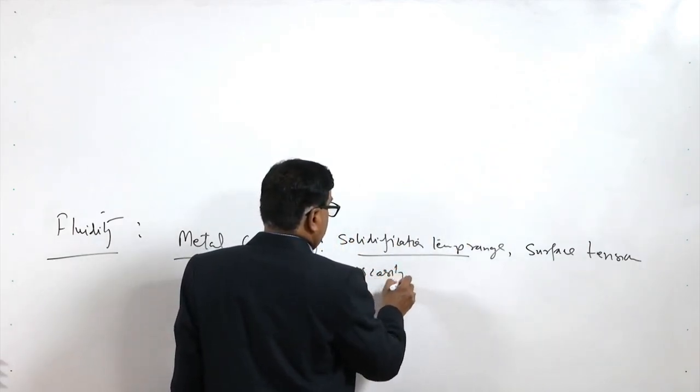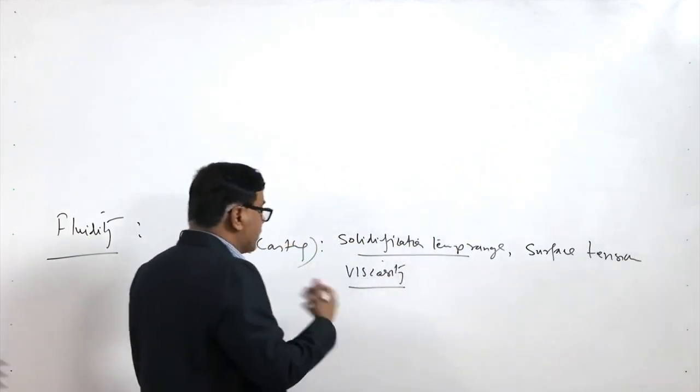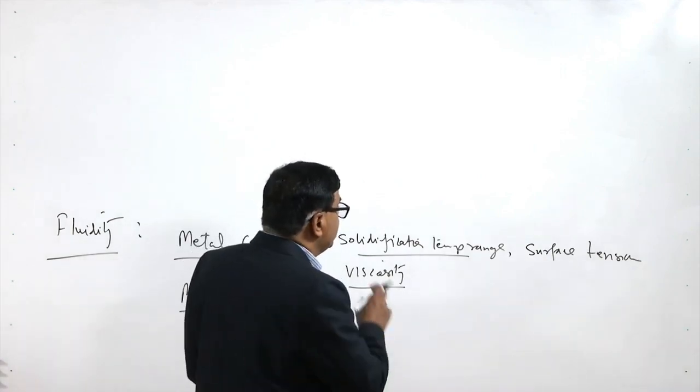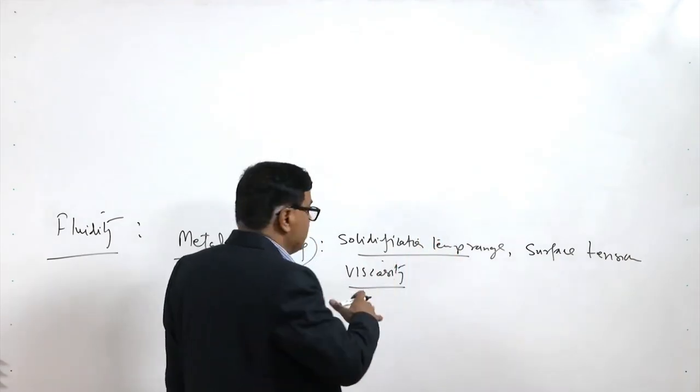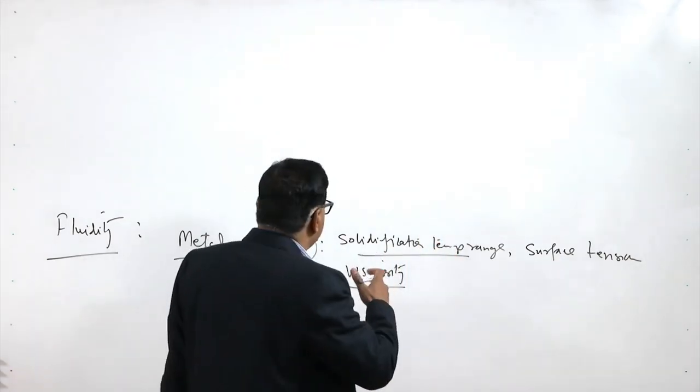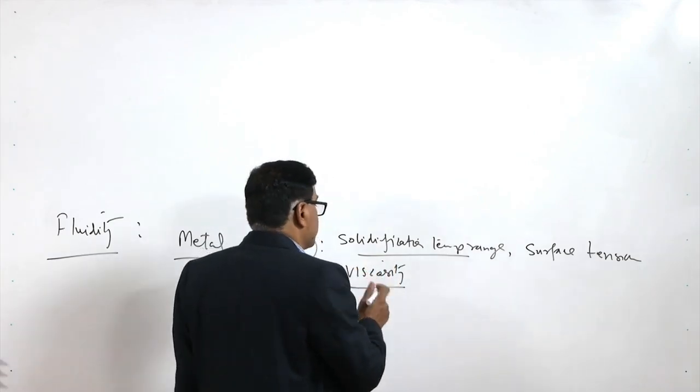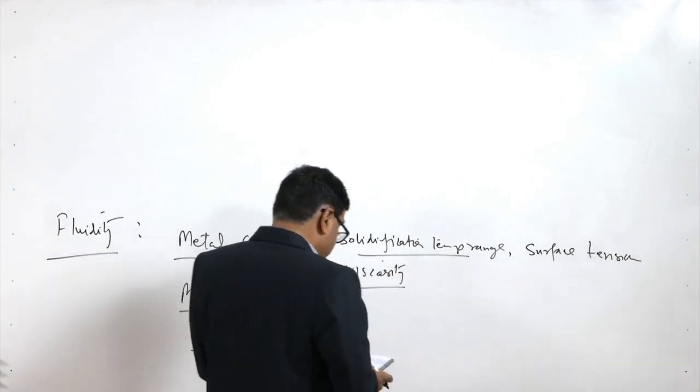Viscosity: lower is the viscosity, greater will be the fluidity of the molten metal, and it is affected by the temperature. So, higher is the temperature of the molten metal being poured, lower will be the viscosity, and higher will be the fluidity.